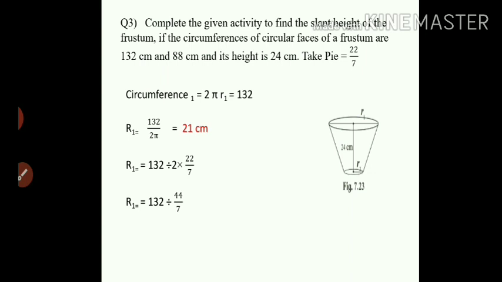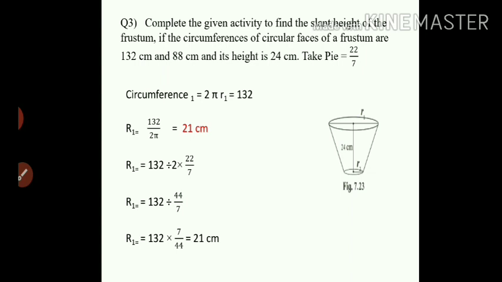Divides get converted into multiply when you are solving the fraction. 44 upon 7 becomes 7 upon 44. And when you simplify this, you get R1 as 21. So in the first box, the answer is 21, and I have explained you how we got 21.